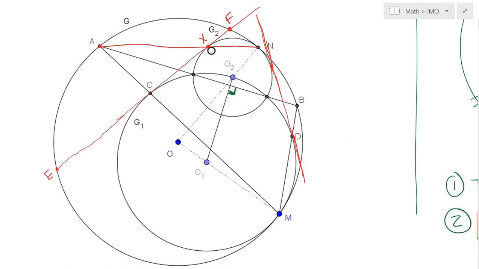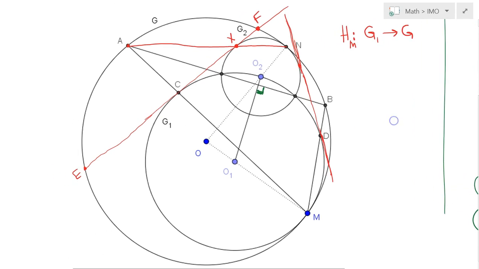Now next, consider the homothety centered at the point M, which takes the circle G1 to G. Obviously this homothety will take the point O1 to O, and it will similarly take the line segment CD to the line segment AB, which simply implies that CD is parallel to AB.